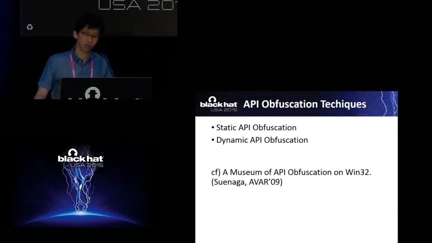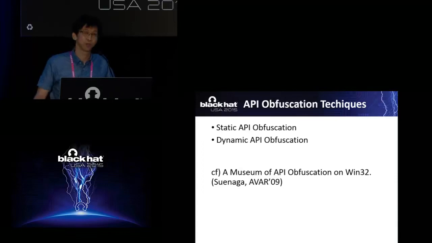API obfuscation techniques can be classified into two. The first is static API obfuscation, where the obfuscation techniques are only used at compile time, that is, packing time. And the second is dynamic API obfuscation.